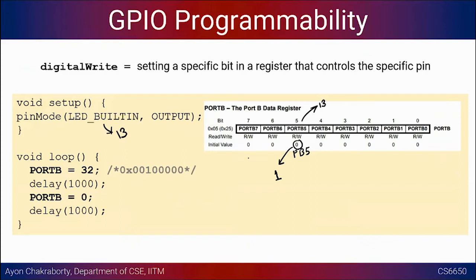So these are zeros, so 0 0 0 0, and then we have all zeros here, 0 0 0 0, and this fifth bit could be either 0 or 1. So if it is 0, then we can write port B equal to 0, which means pin number 13 will be off.